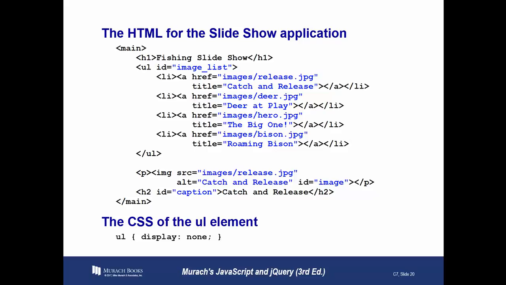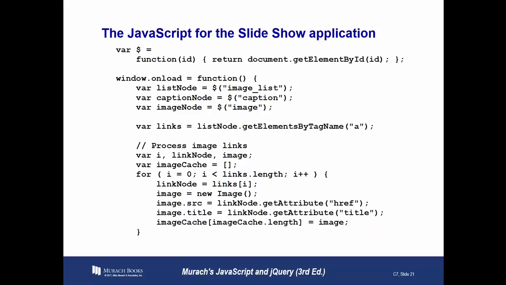Now, to keep this application simple, the author provided no controls for moving through the slideshow manually. The JavaScript is shown on page 216, and it's fairly elegant because there's not much to it. The onload event handler starts by declaring variables that contain the nodes for the UL element, the H2 for the caption, and the image element for the slideshow.